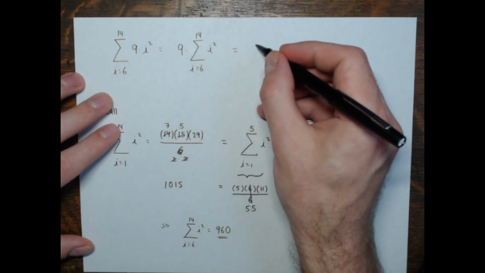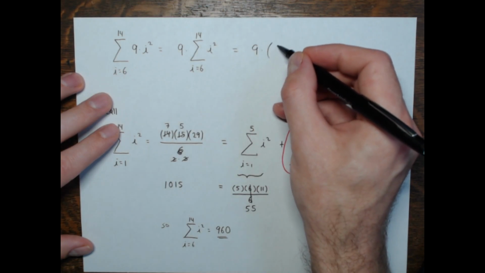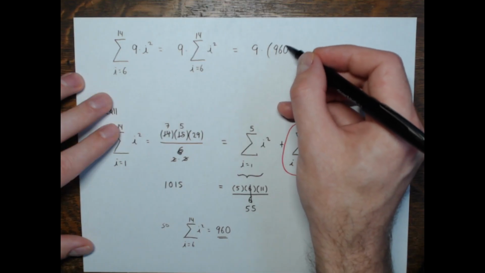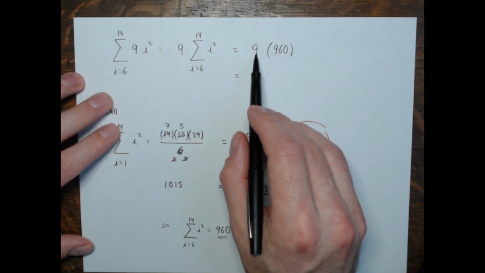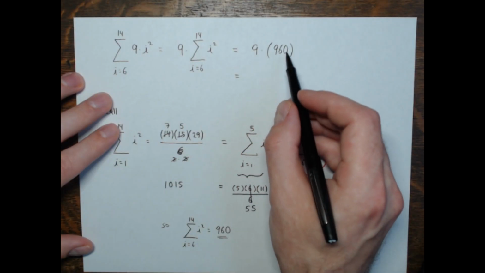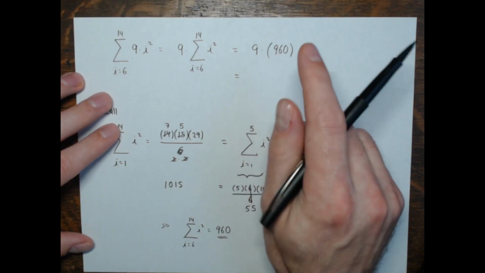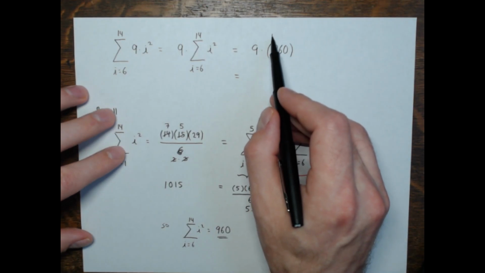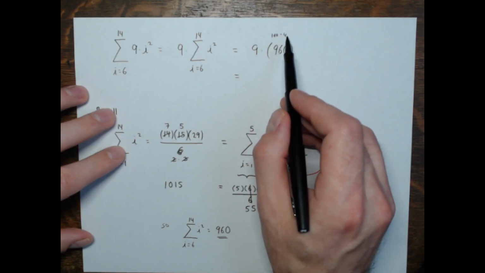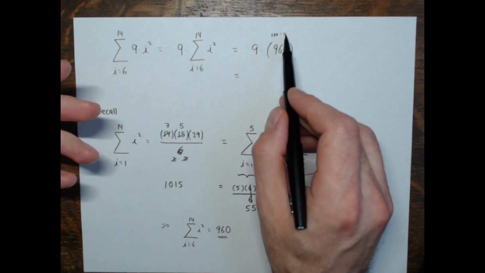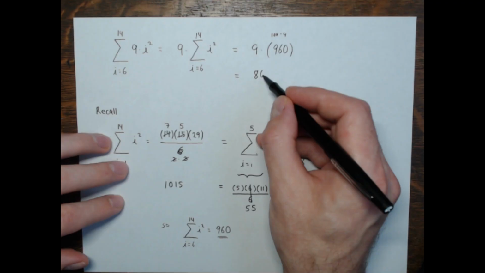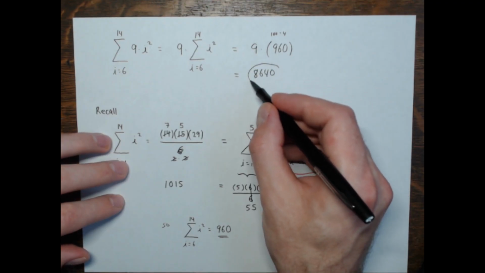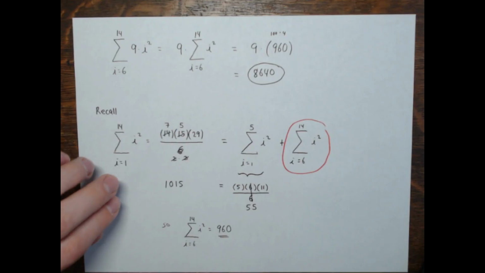So we end up with 9 times 960, which, 9 times 900, I'll just do 9 times 96. That's 100 minus 4, so 900 minus 36 would be 864 with a 0, 8,640 should be our sum.